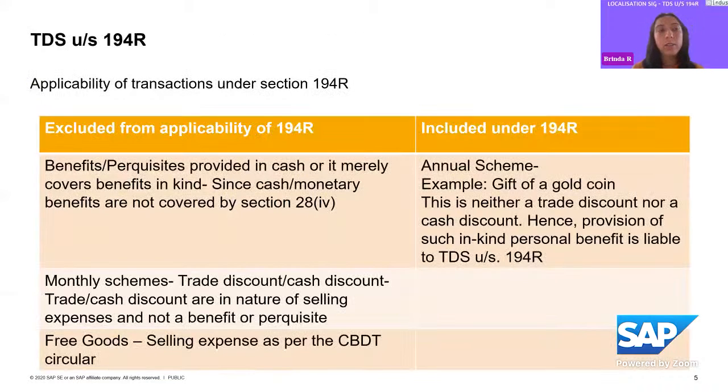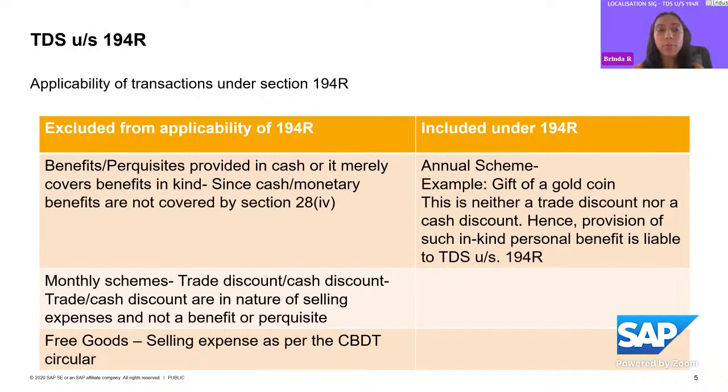Then this section itself created quite a bit of ambiguity, because the rule did not clarify what transactions would be falling under this 194R. So based on the information that we have from our legal team, this is the information we have as to what transactions are excluded from the applicability of 194R, and what transactions are included under section 194R.